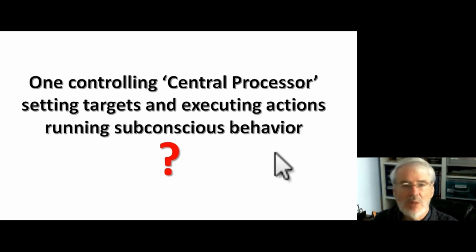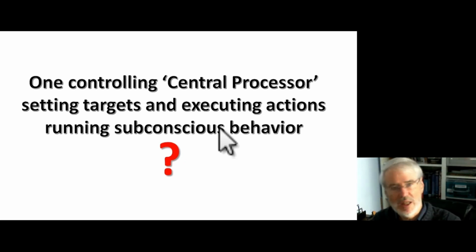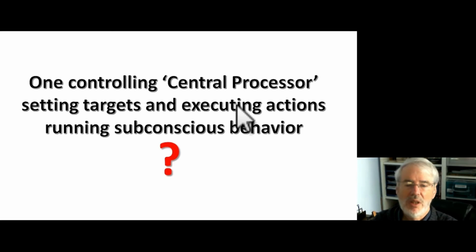Now, very often in talks given on language processing, people put up some kind of model of the mind, which is not a complete model, but a partial model, which explains what they're going to talk about. And very often you will have some kind of central supervisory system. It might be called a central processor.